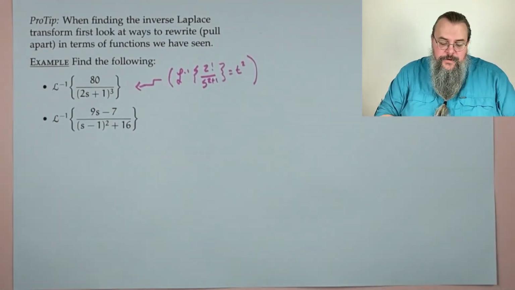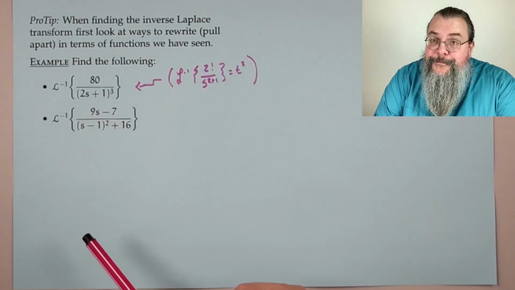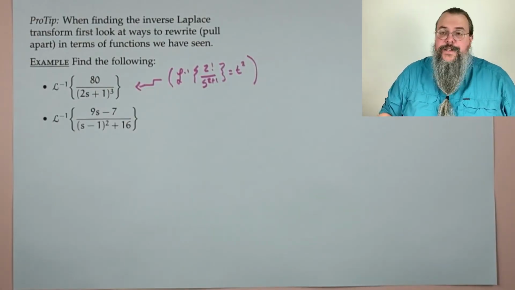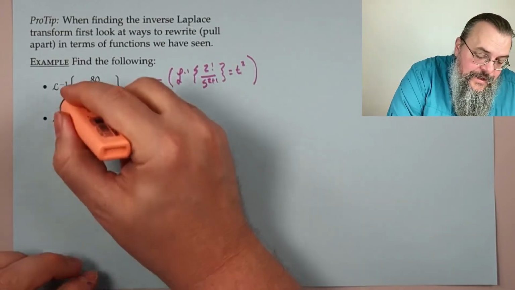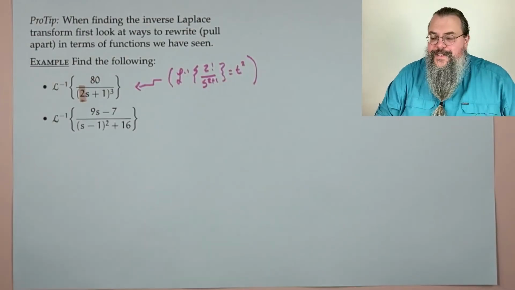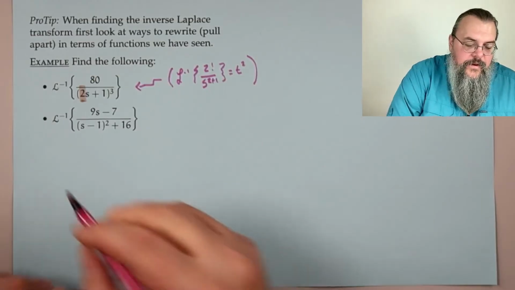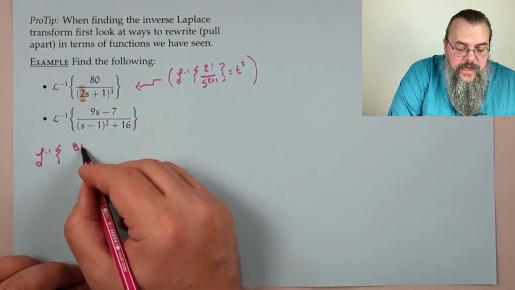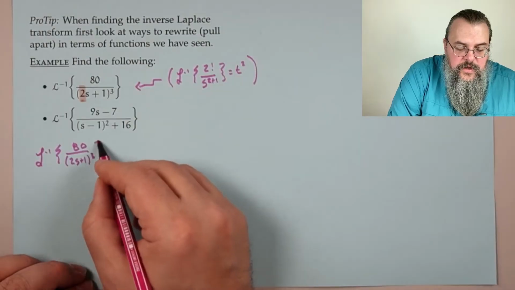Okay, so what are we going to do? Well, our goal is to make that look like that as best we can. Now, there's some subtleties here, namely this 2. It's not just s, it's 2s. So how do we handle that 2? Well, the inverse Laplace of 80 over 2s plus 1 cubed.